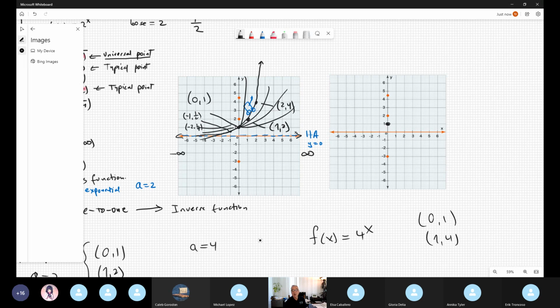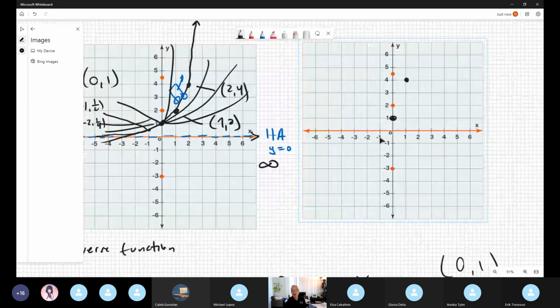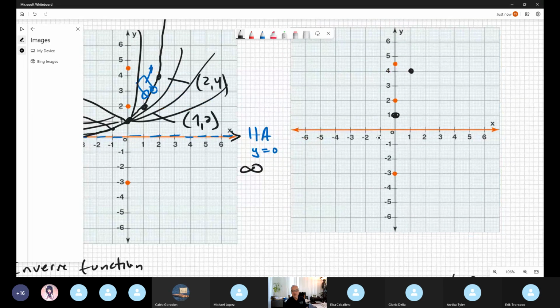1,4, because the base 4 for x equals 1 is here. 1,4 and negative 1,1/4, reciprocal. Okay, so now it's a little bit hard to see 1/4, but it's a half of the half. So it's half of the half, I suppose, here.